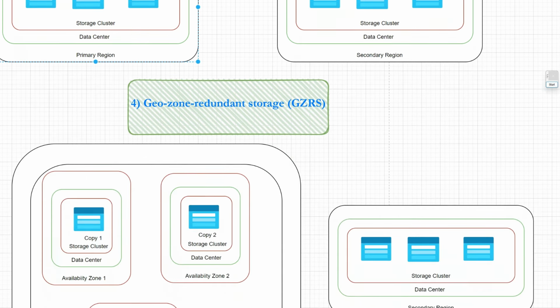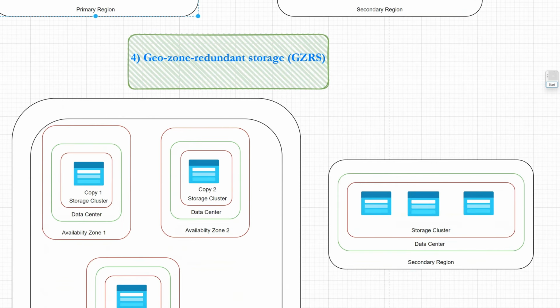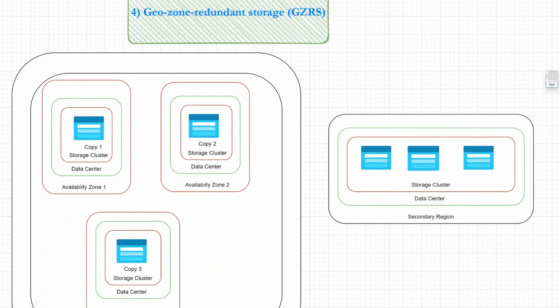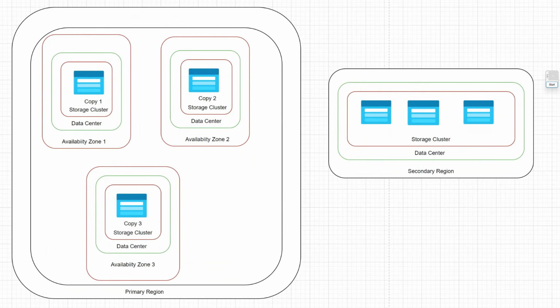So the fourth one is geo zone redundant storage, which is GZRS. So this GZRS integrates ZRS within the primary region and asynchronously replicates the data to a secondary region.